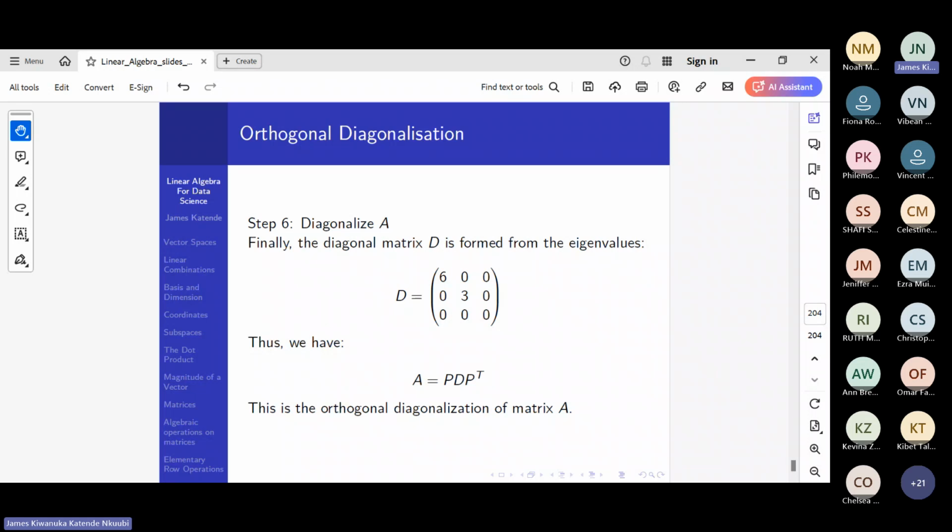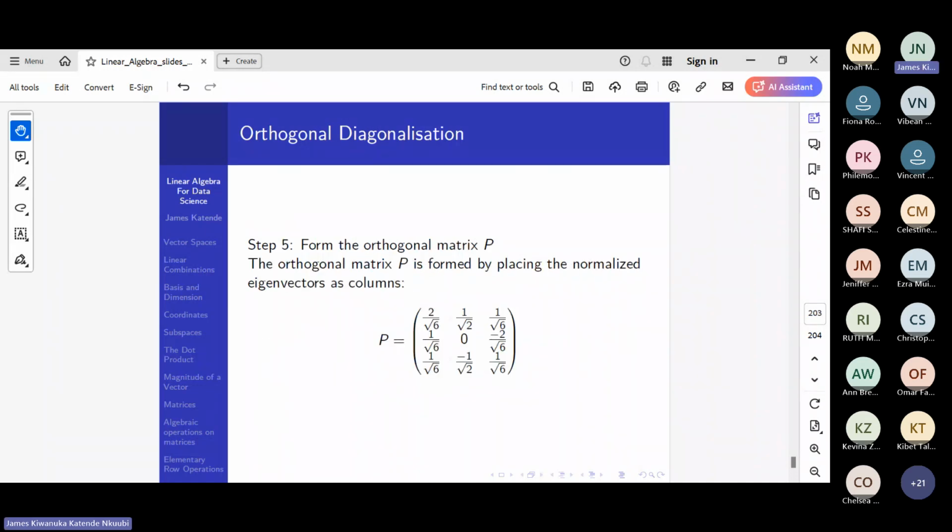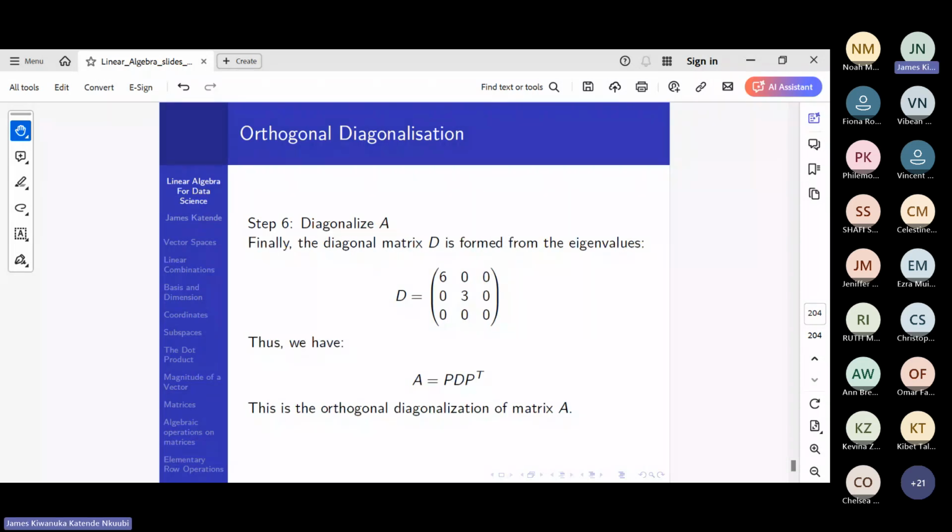So assuming our calculations are correct, then the inverse of P is the transpose, because this matrix will be orthogonal. And then you can apply this decomposition, and A will be equal to P D P transpose.